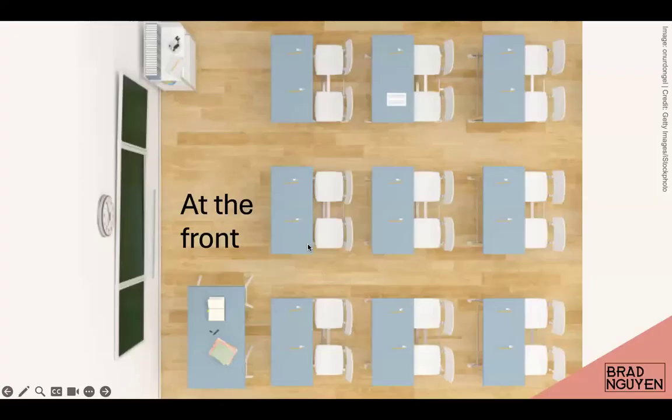You can see that this is the front. At the front, that is where you should put the document camera. So over here on the teacher's desk. The reason for putting it at the front is so that you can do your work underneath the document camera, and then you can quickly glance up, and then you can see your students as well.